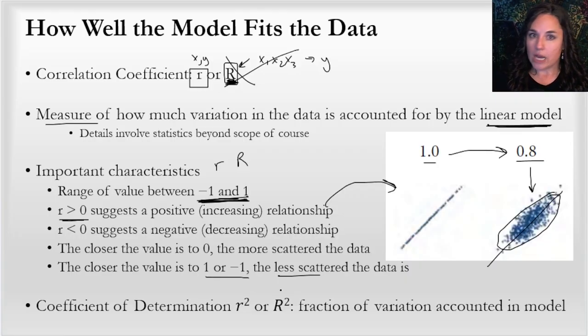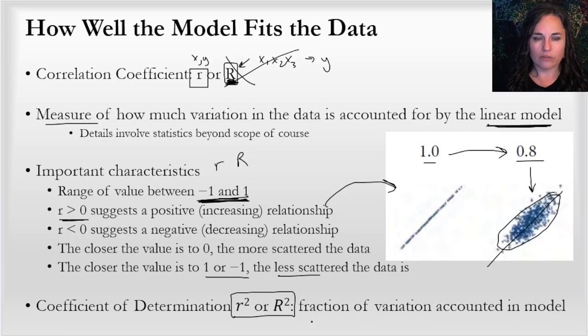When we generate these regressions in our technology, whether we're using Desmos or Excel or what have you, it will output an R squared value. It will not output R, it will output the R squared value. And how I interpret this, and this is true in the statistics field, we call this a coefficient of determination, and I actually like this value more than the R value.